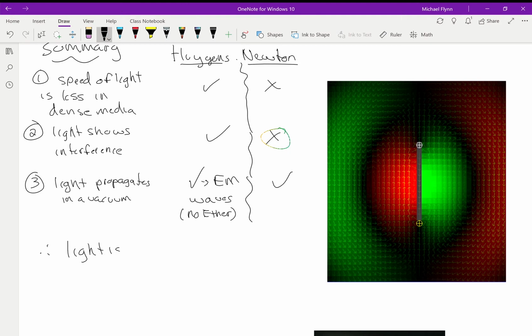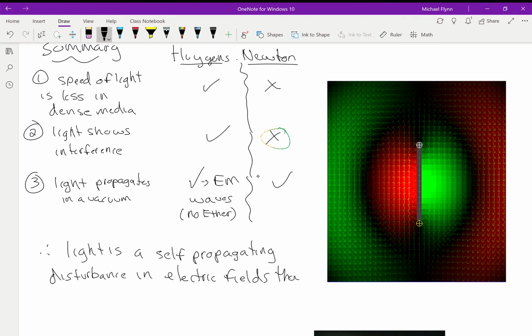Light is a self-propagating disturbance in electric fields that surround all charged particles.